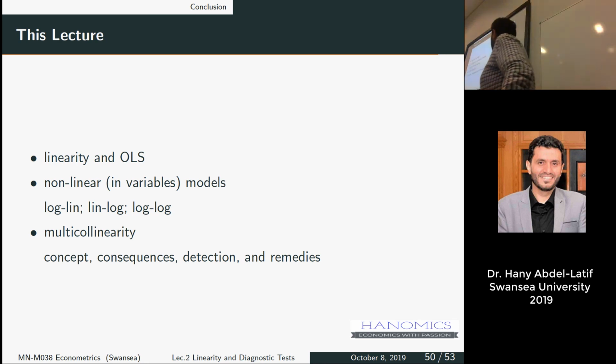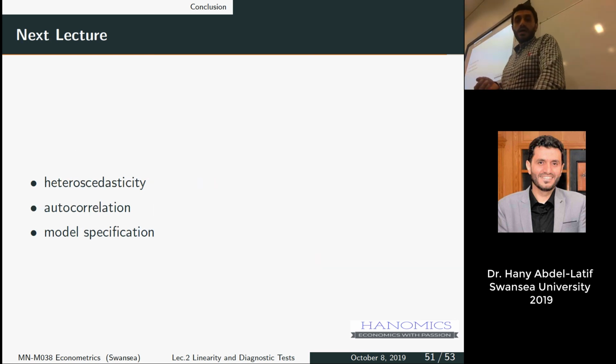And then we talked about multicollinearity: the concepts, the consequences, the detection, and how to deal with it. Next week I'll be talking about the other diagnostic tests: heteroscedasticity, autocorrelation, and model specification.